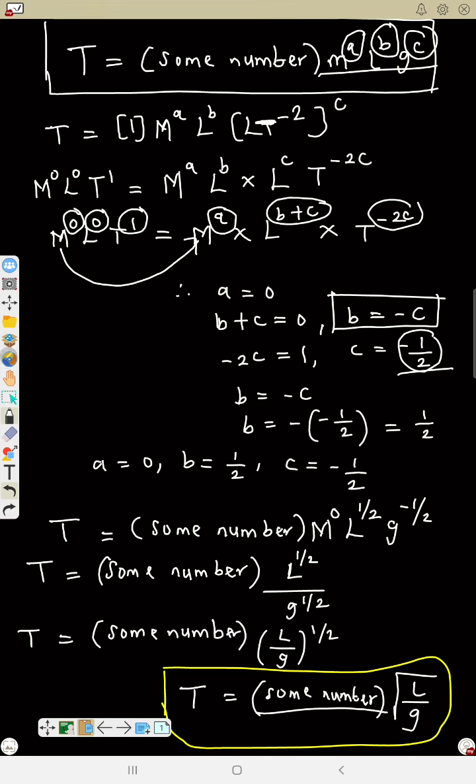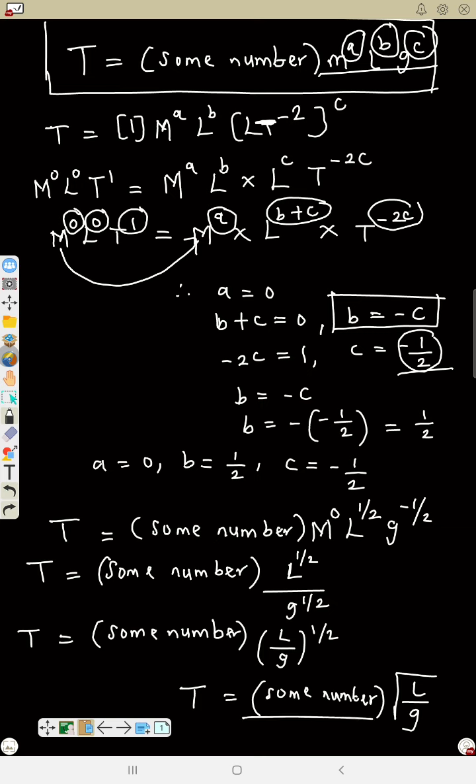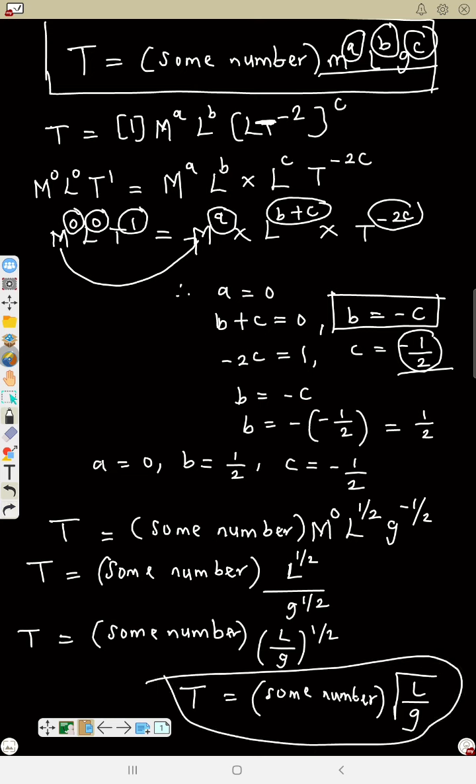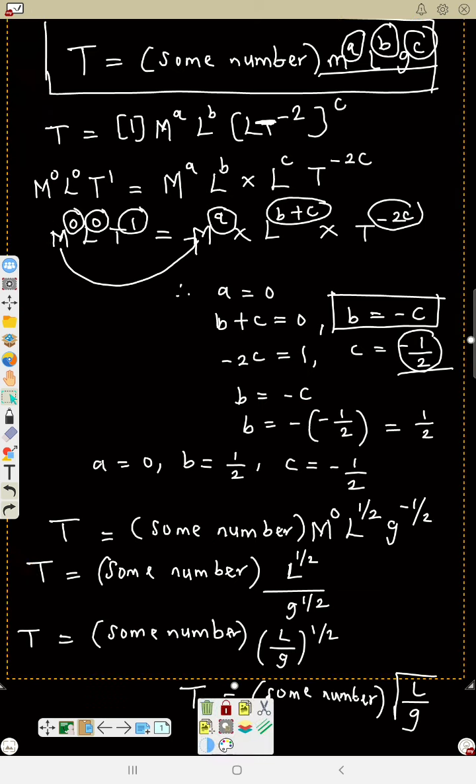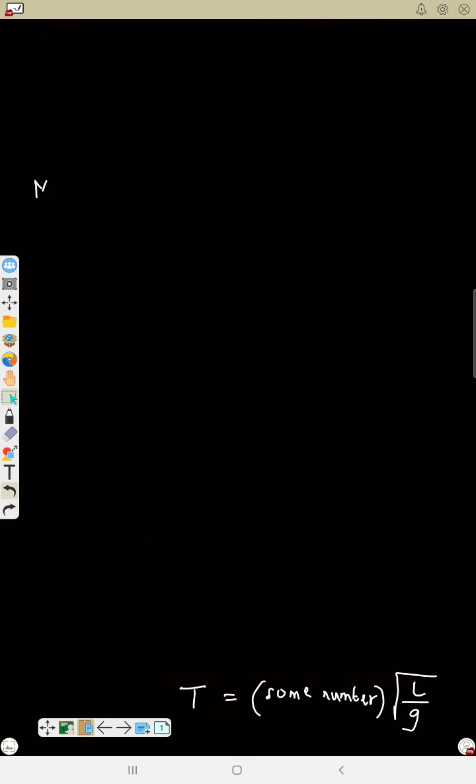Measure the length of a pendulum and oscillate it, then find its time period with a stopwatch. But this is the answer for the question: we have derived a formula. I just want to explain that we can get that some number experimentally.